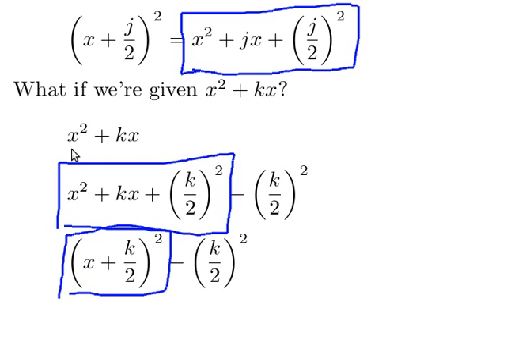This was almost a square, but not quite, because you need a term to complete it. We need a plus something. But once we add that something, we have to subtract it too, because we're not changing the actual value of the expression. We added it and then subtracted it off again. But now this turned out to be a perfect square, so we can rewrite it as one.